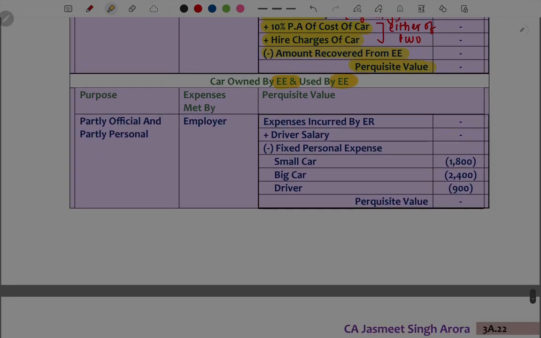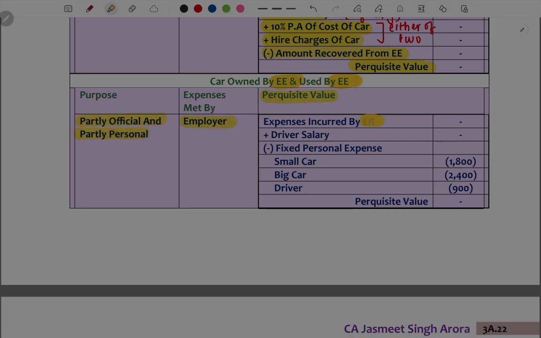And if the employee owns the car and the employee uses it, then what would the perquisite value be, when expenses are made only by the employer and the car is partly official, partly personal?